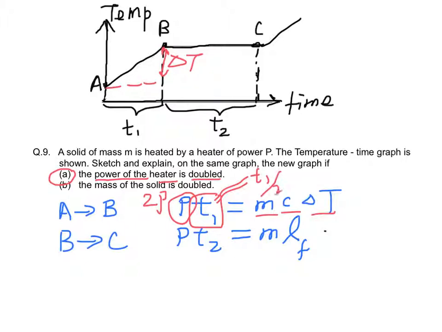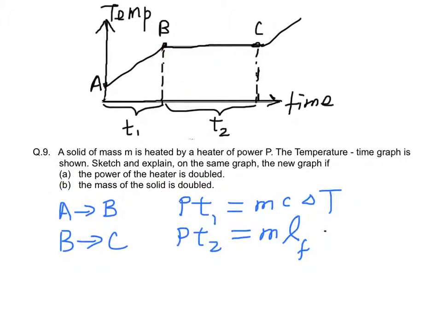It becomes T1 over 2. Since the melting point of the solid remains the same, the line along AB would become this, and the melting point remains the same, and the time is T1 over 2.